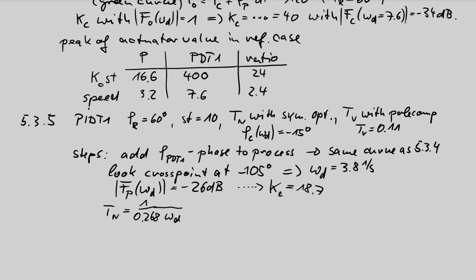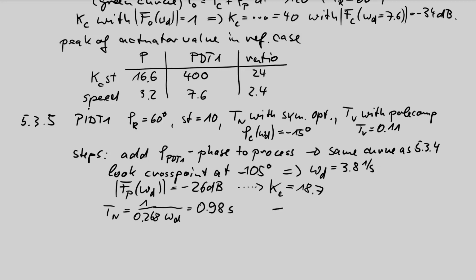Divided by omega d. Okay, this gives a number. Omega d is 3.8. This gives a time constant of 0.98 seconds, round about 1 second.